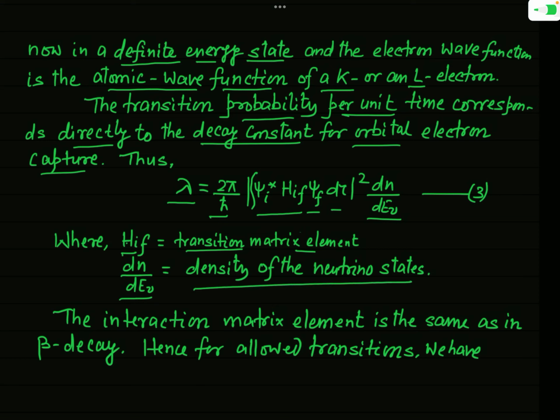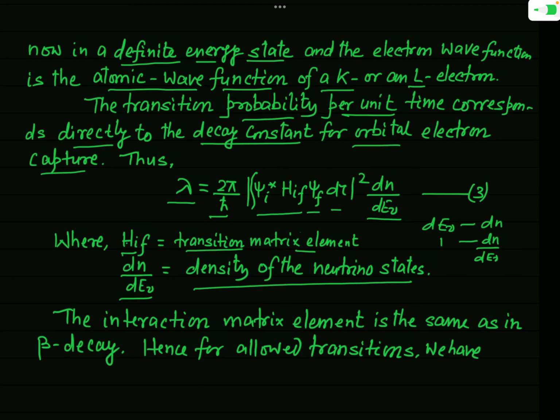It means that if in the energy range dE_ν there are dN quantum states of the neutrino, then for the unit energy range this will be dN/dE_ν. So this is the number of quantum states of the neutrino per unit energy range.